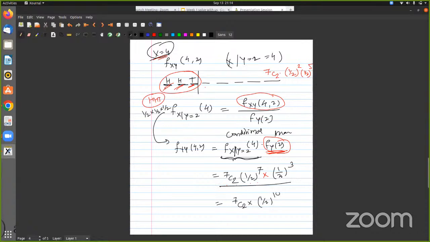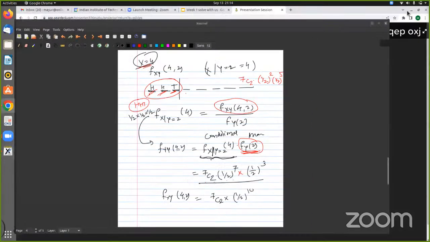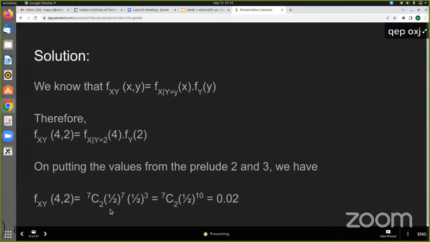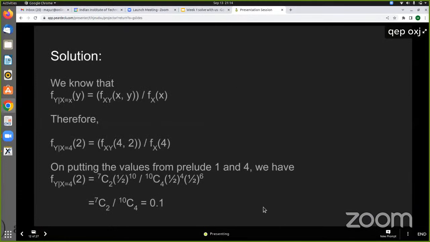If I multiply this, this is the value for fxy of 4 comma 2. So this is what is written here, 7C2 1 by 2 to the power 10, and I have used this formula, so this value in the numerator is 7C2 1 by 2 to the power 10.